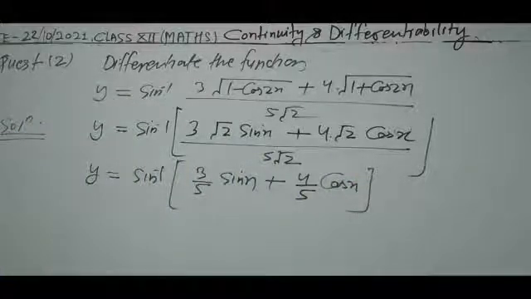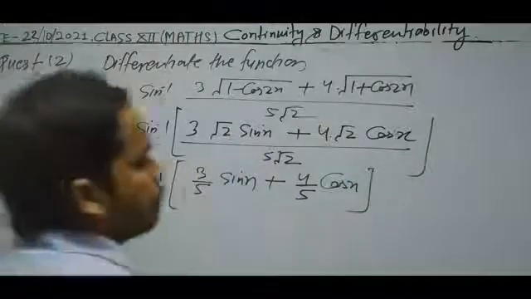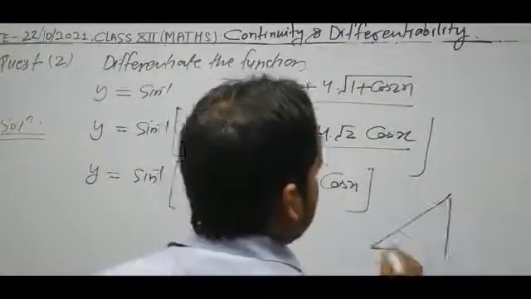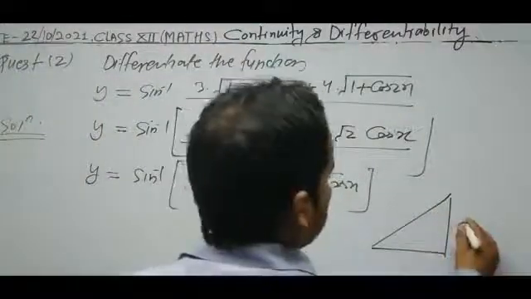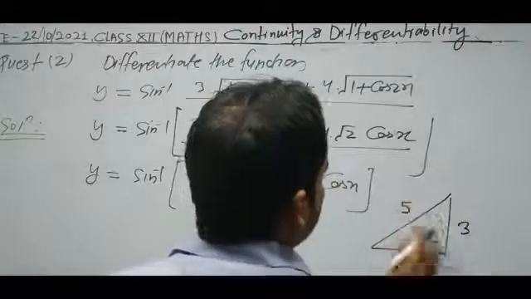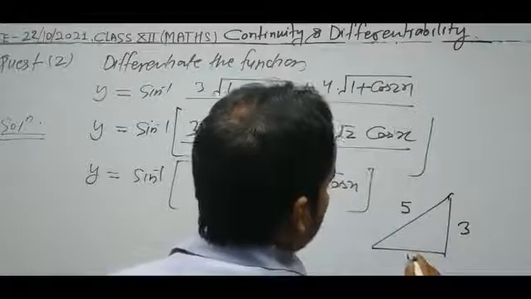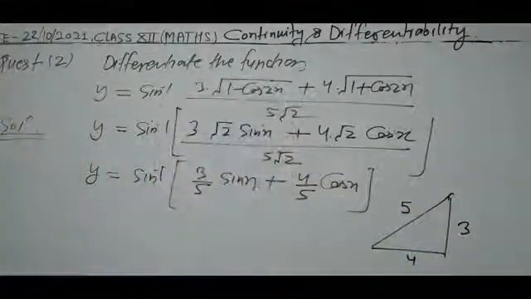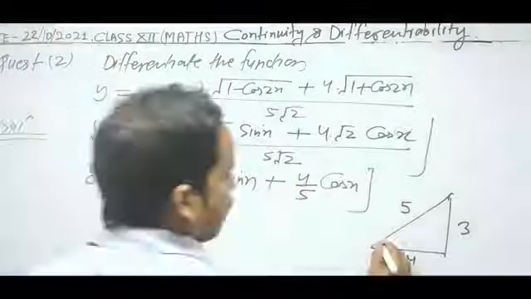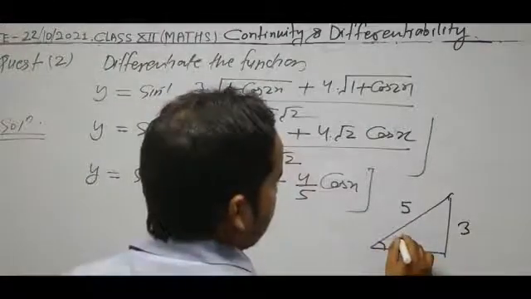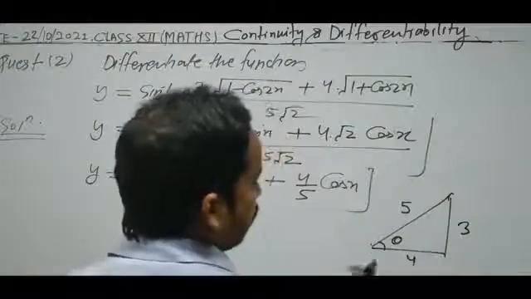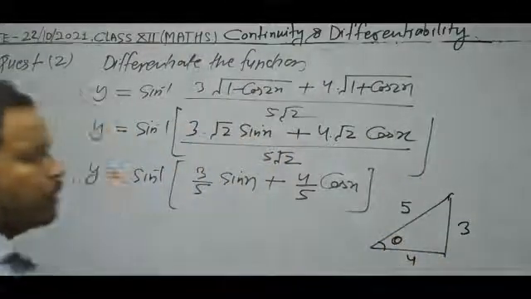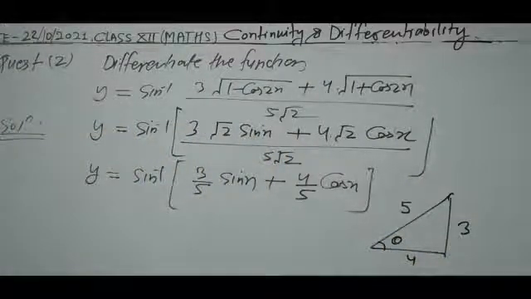Now if I suppose any triangle, suppose this is the perpendicular and this is hypotenuse 3 by 5, so the base ratio will be 4. Now suppose this angle is theta. Now the cos theta ratio will be base upon hypotenuse, means 4 by 5.